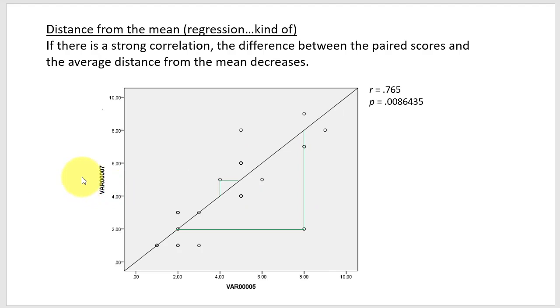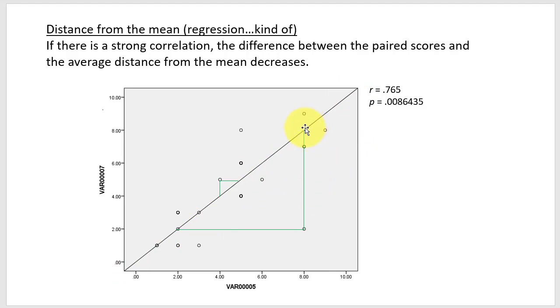Now, when we talk about a correlation and we want to find out basically how far away these dots, these ordered pairs, are from a line that kind of represents the mean, this is what we call a regression line, but it's the trend of this data. And we want to find out how strong this correlation is.